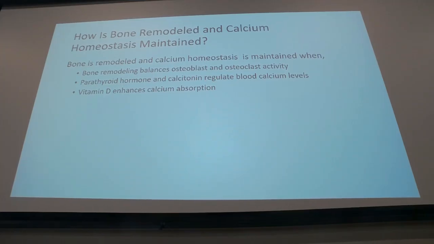One of the reasons why we have this remodeling of bone is to help maintain calcium homeostasis. Yes, there are people who are very disciplined, and I envy them.